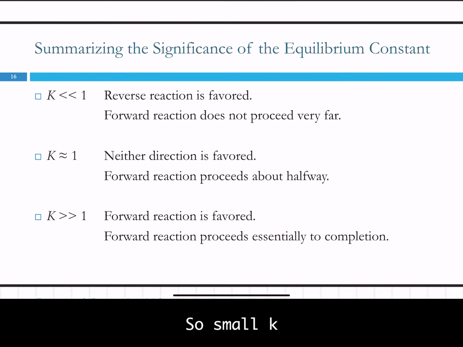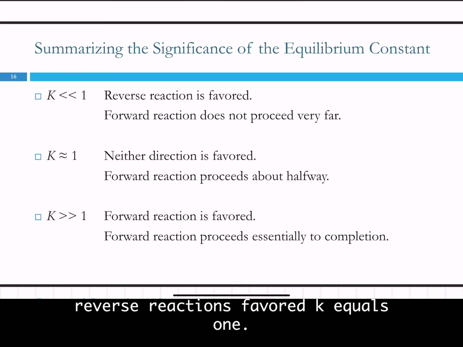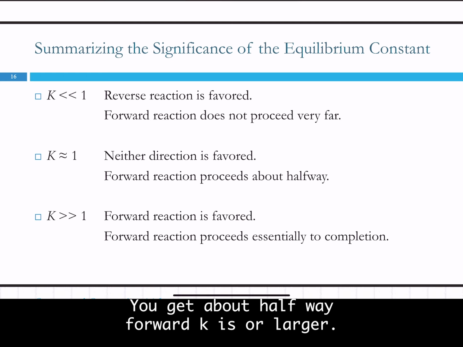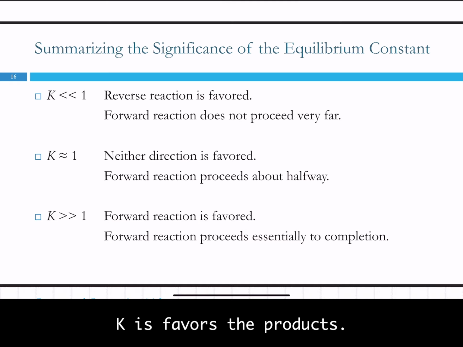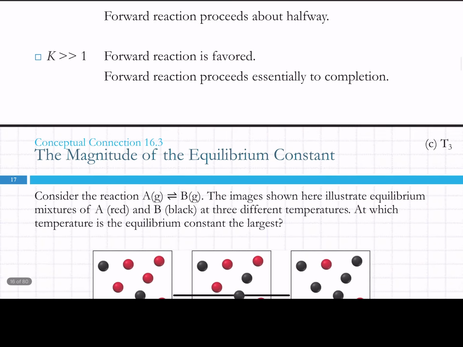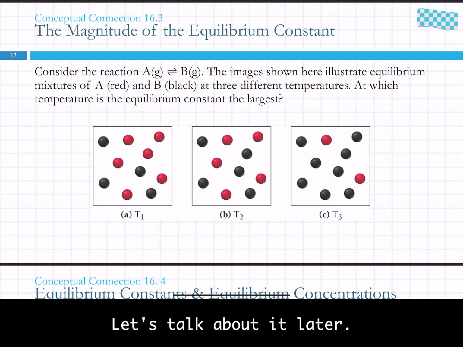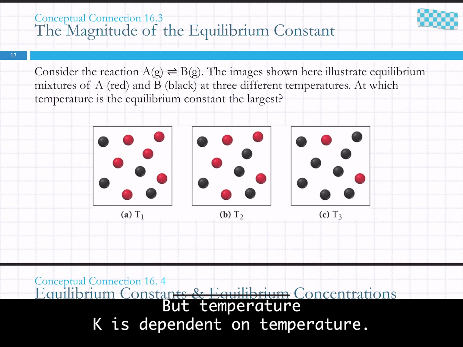So small K, the reverse reaction is favored. K equals 1, neither direction is favored, you get about halfway. A larger K favors the products. We'll talk about it later, but K is dependent on temperature.